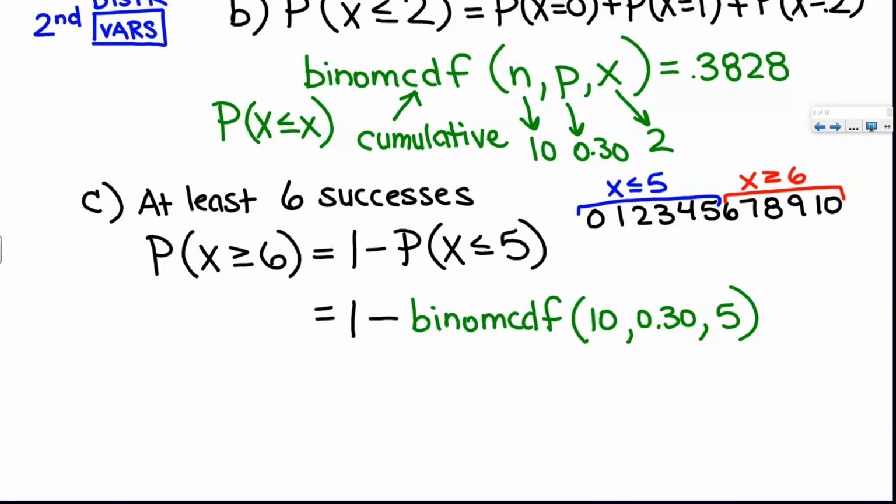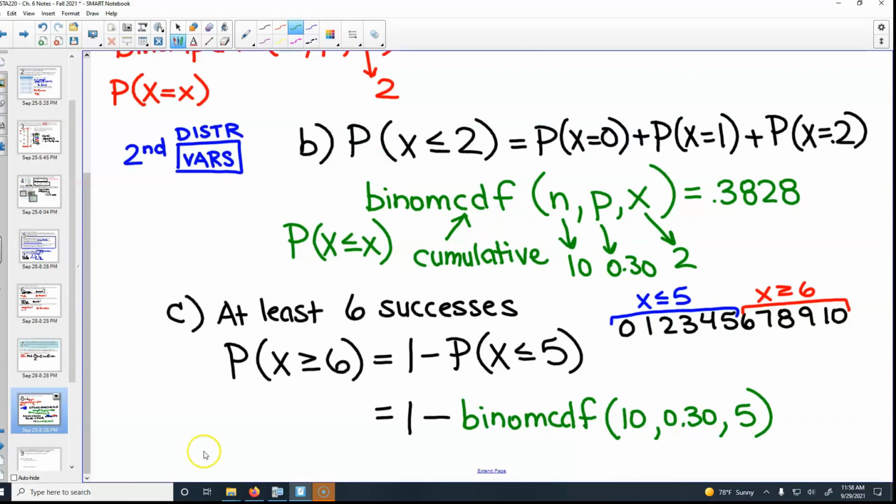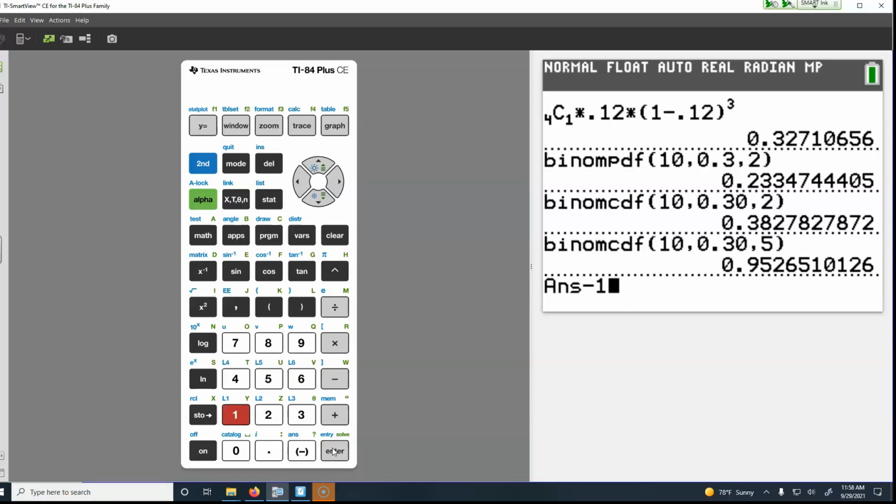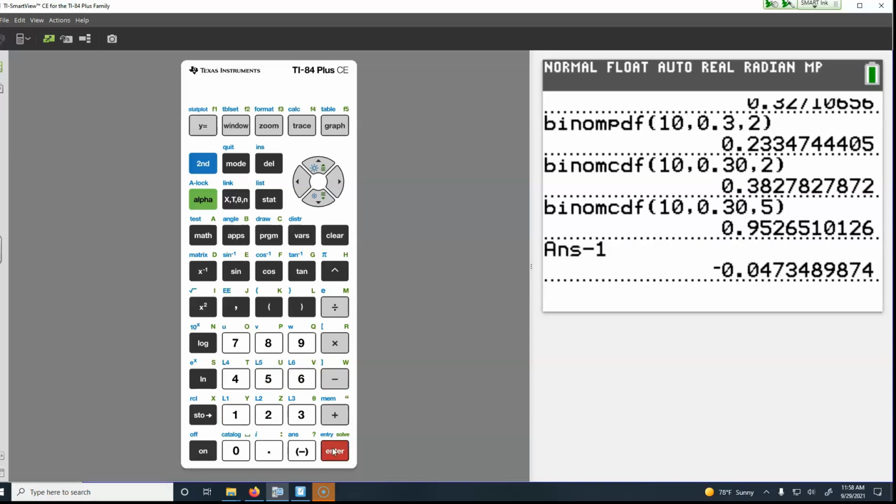I think I have it written out, so let me actually do that one. So we're going to have 10, 0.3, and 5. So we get 0.0473 would be our probability.